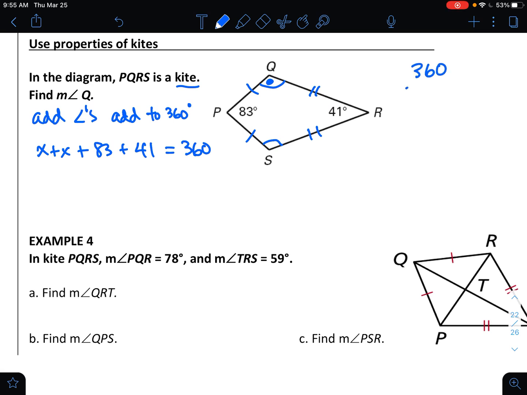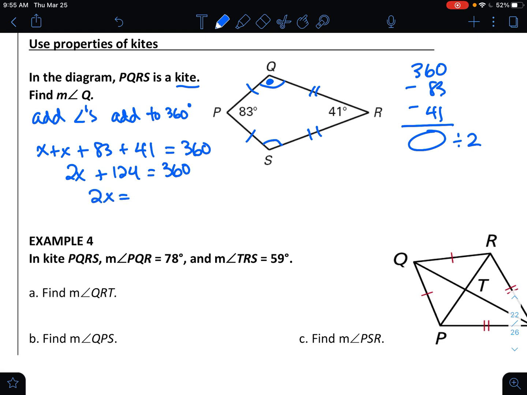So you can solve this equation, or you could just take your calculator. You could take 360, take away 83, take away 41, and then take this answer and just cut it in half, divide by 2. Either way you want to do it is fine. 2x, I've got 83 plus 41 is 124.